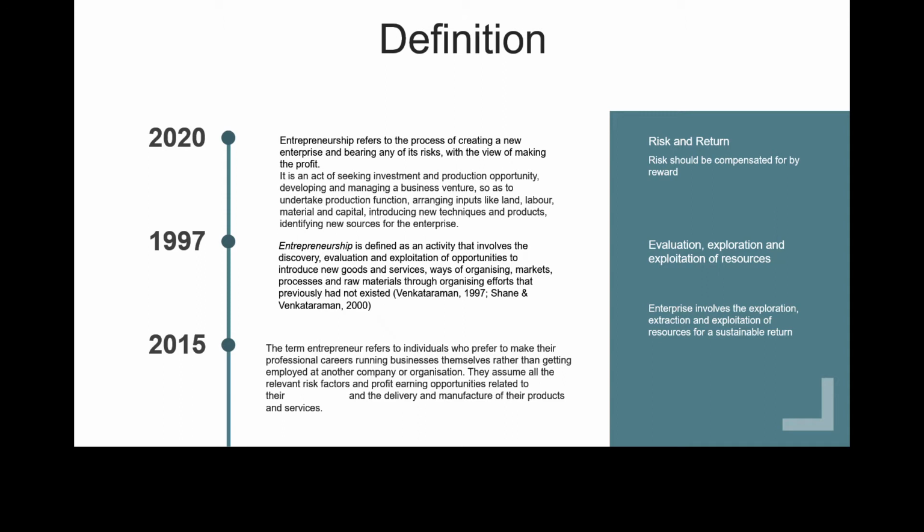The process of extracting is the actual action, the sweat that goes into the execution of the idea. Then the enterprise should involve exploration, extraction, and exploitation of resources for a sustainable return.